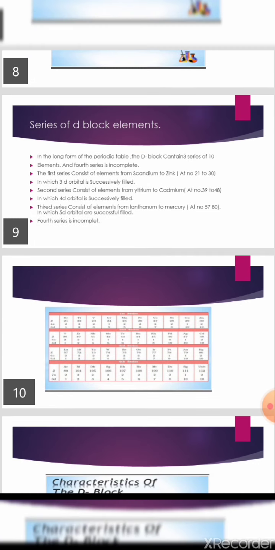Next one is series of d block elements. In the long form of the periodic table, the d block contains 3 series of 10 elements and the fourth series is incomplete.